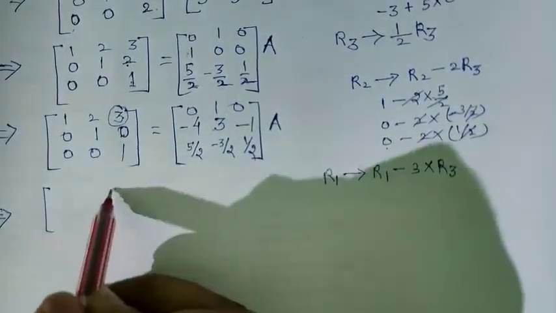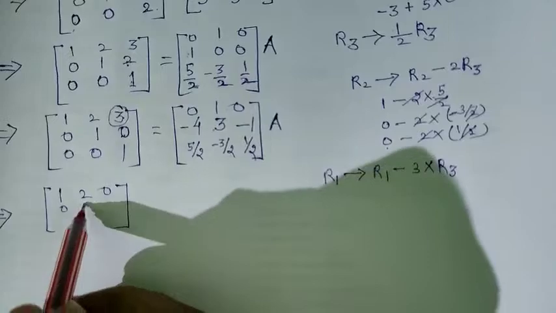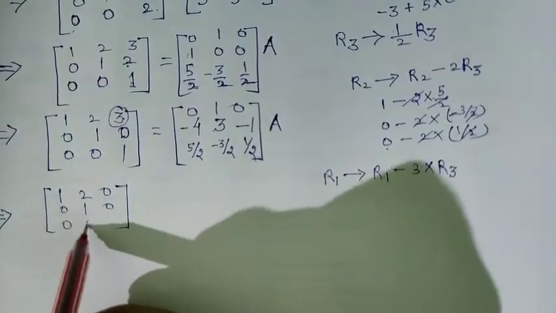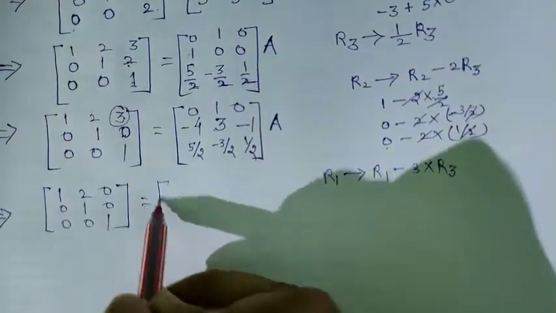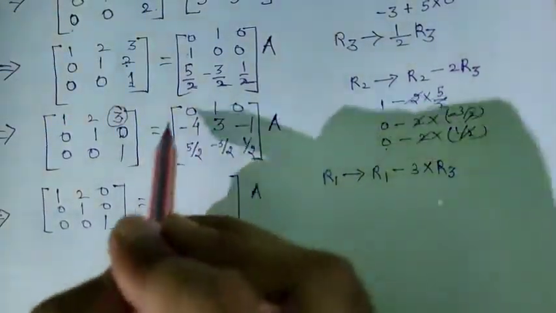So these elements will be 1 2 0, 0 1 0, 0 0 1, and we will apply the same rule here in this R1 also.